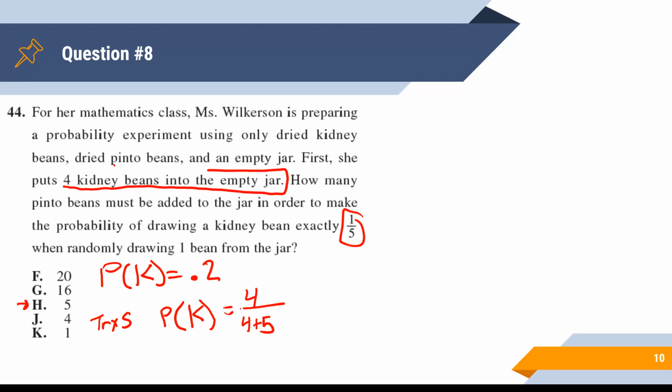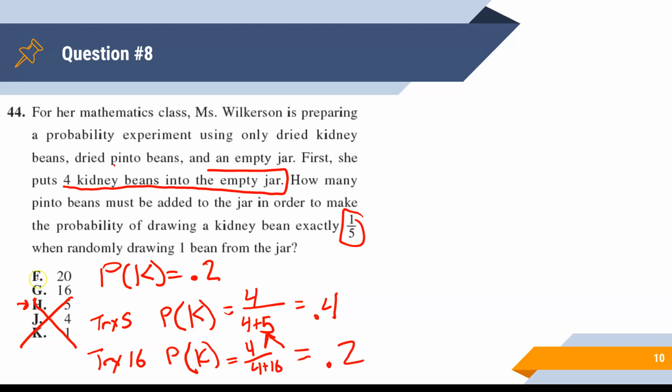Because we're adding in 5 pinto beans. That equals about 0.4, which is way too big. So we need to make the number we're adding even bigger. So we're going to try adding 16 instead. Well, that would give us 4 over 4 plus 16, which is 0.2. That's our answer. This is a quick little guess and check.